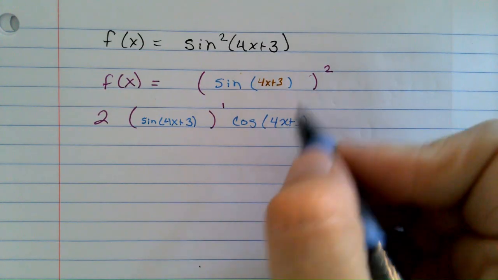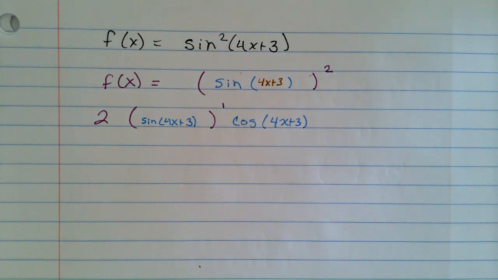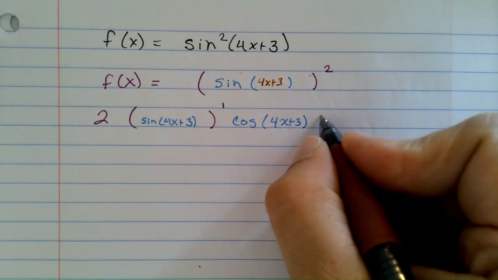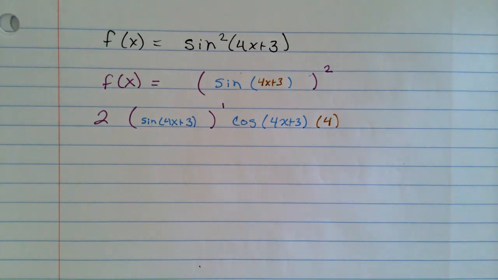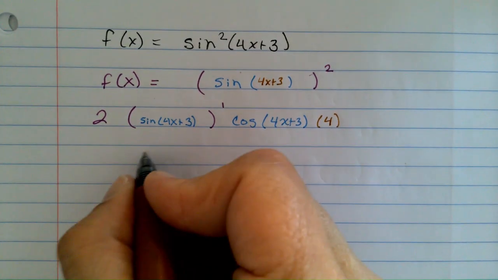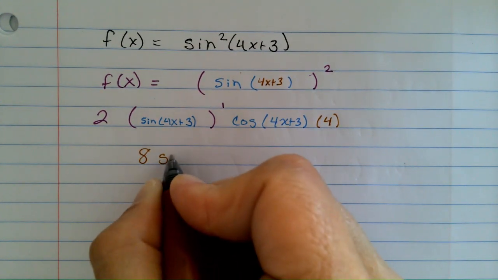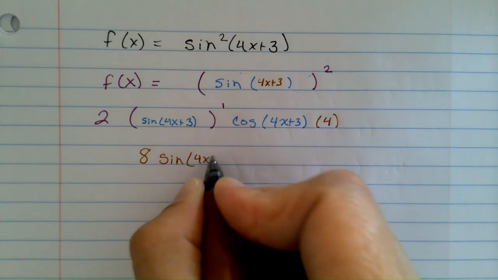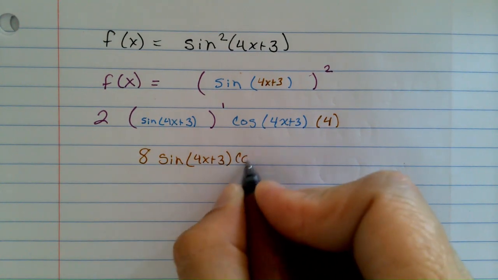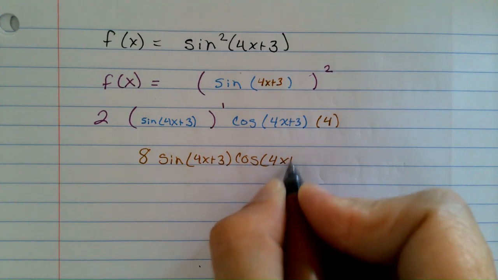So I derived the purple, now I've derived the blue, now I'm going to derive the brown. The derivative of 4x plus 3 is 4. So if I were to rewrite this, I would write 8 sine of 4x plus 3 cosine of 4x plus 3.